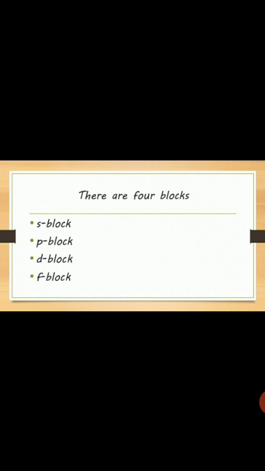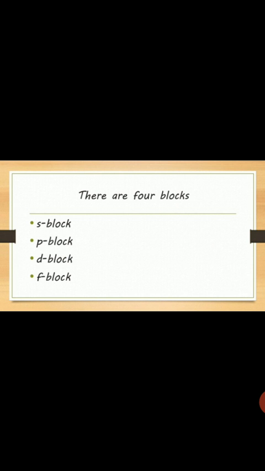So if we move across a particular period, there will be the difference in the properties, right? If we move from lithium to beryllium, definitely they will have the difference in their property. Similarly, beryllium to boron, then to carbon, then to nitrogen. So though they are in the same period, they will show the difference in their properties, right?